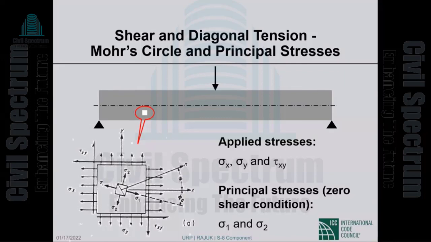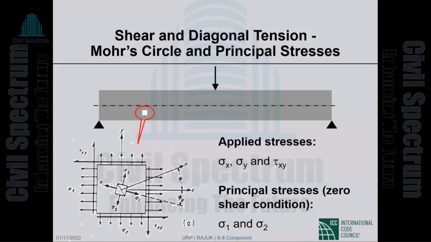Then the principal stresses, which are easily established using the Mohr circle. This is the second topic from strength of materials that I will take you through, and then we will go into ACI 318 and BNBC shear design, which is our topic today, which is where we are headed.